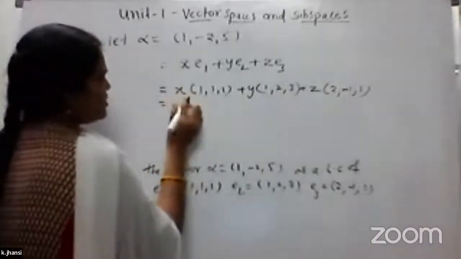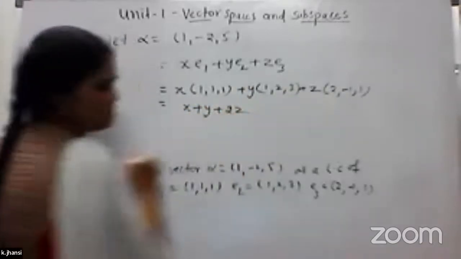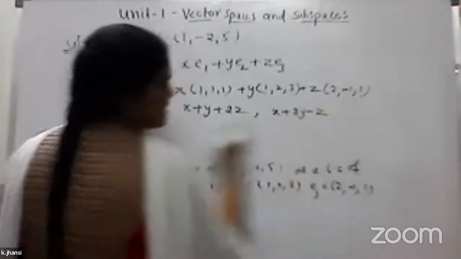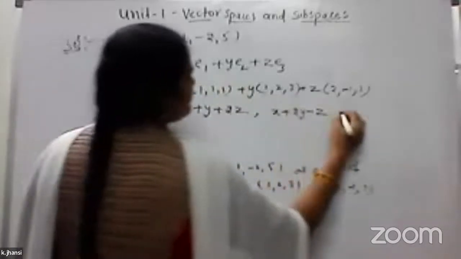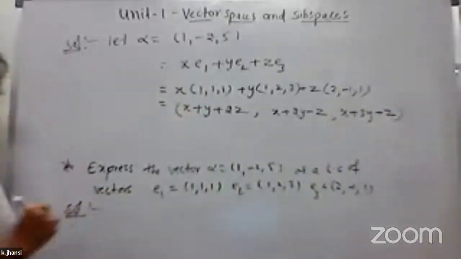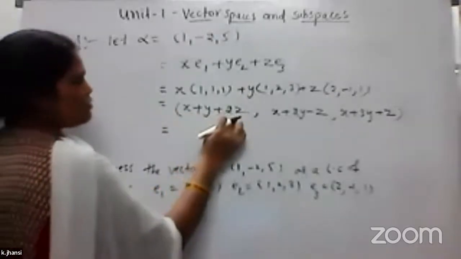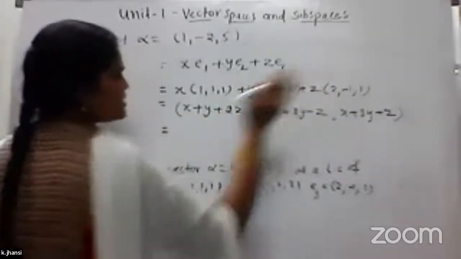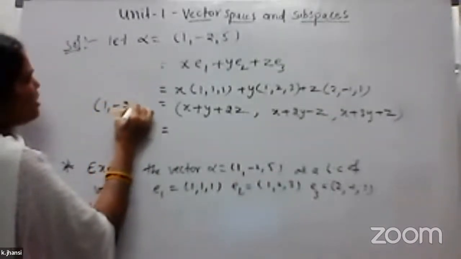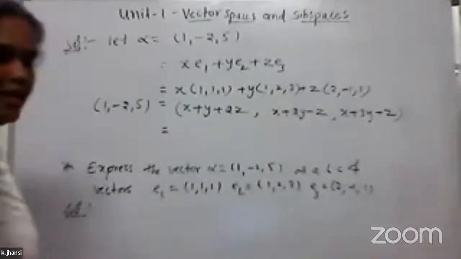So here the first is X plus Y plus 2Z. Next, X plus 2Y minus Z. Next, X plus 3Y plus Z. So this is the addition and the scalar multiplication. Now you equate X plus Y plus 2Z, X plus 2Y minus Z, X plus 3Y plus Z with (1, -2, 5), because this is the linear combination.